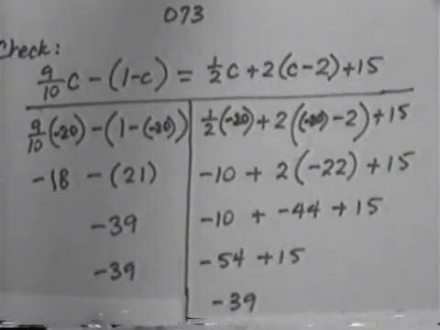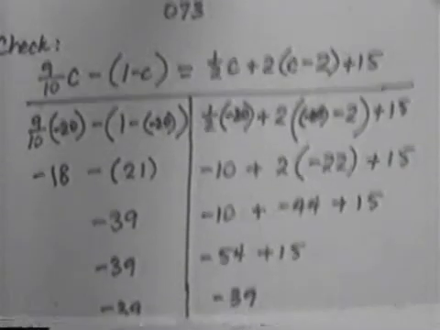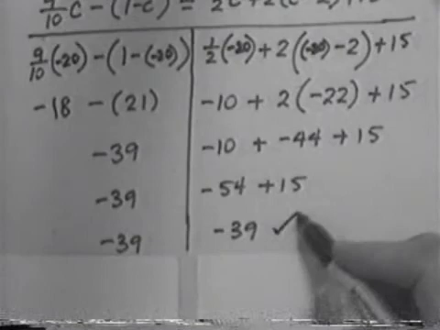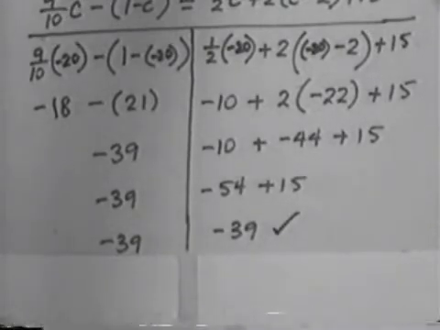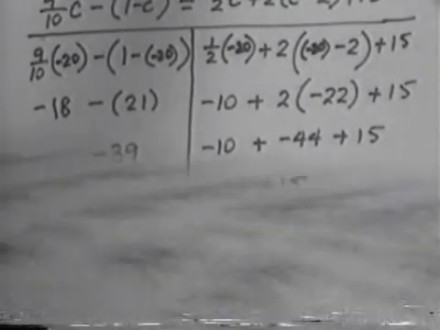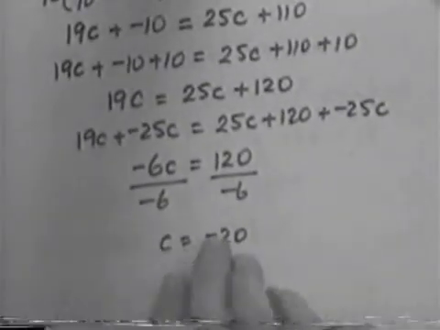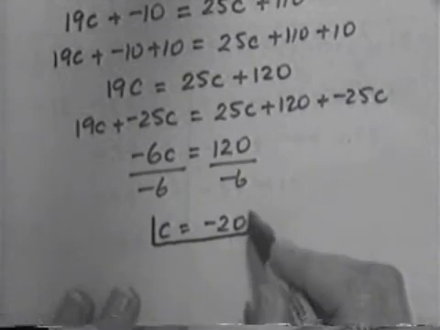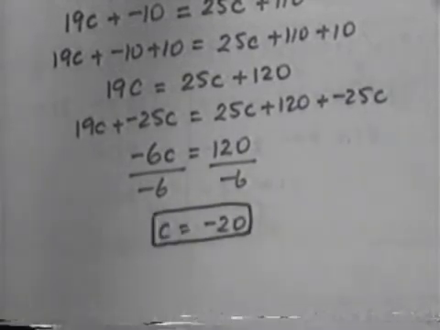And so we get negative 39 equals negative 39. That means that this problem does check, and we know the answer is correct. And so, back at this solution to our equation, let's accept that C equals negative 20 is the correct answer.